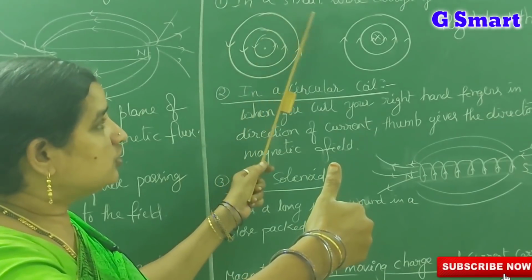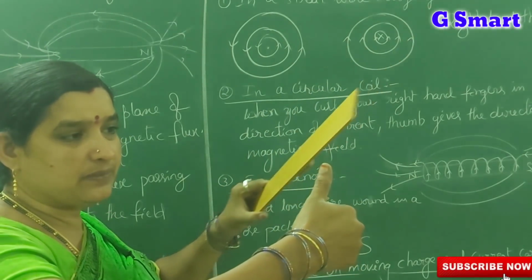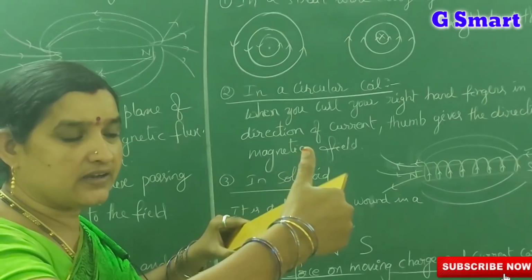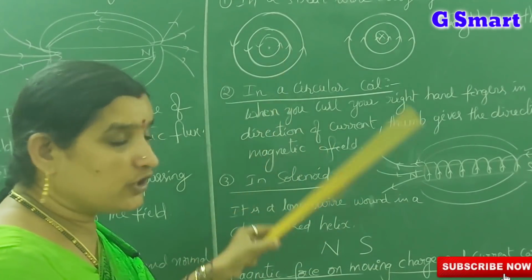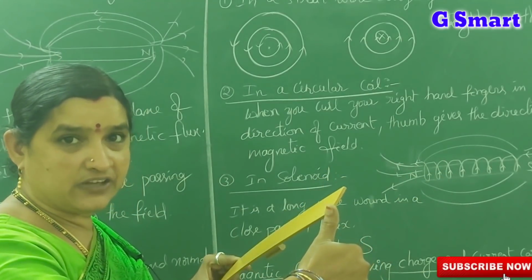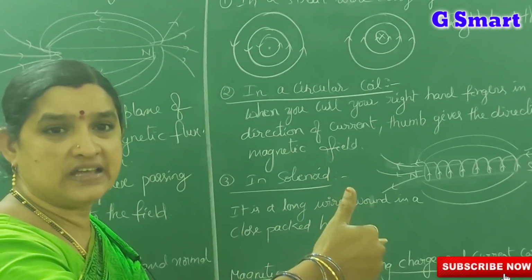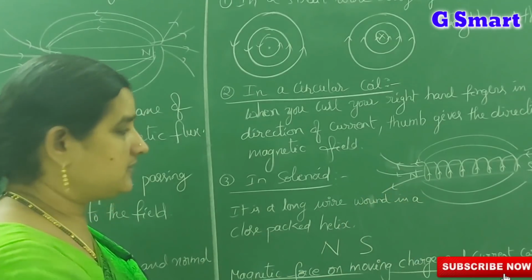In a straight wire carrying current, the thumb represents the direction of the current and the curled fingers show the direction of the magnetic field. In a circular coil, the thumb represents the magnetic field direction and the curled fingers show the direction of current.